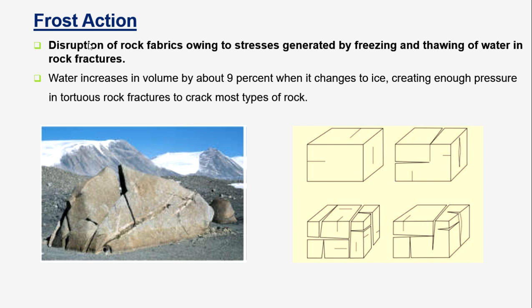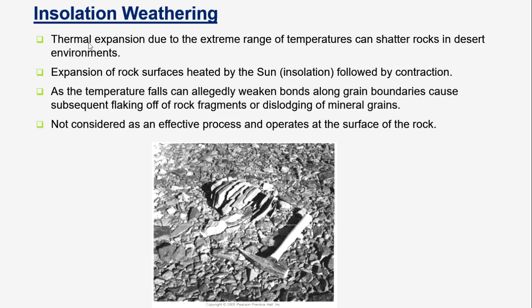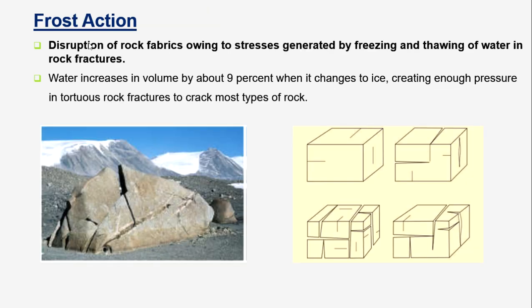The water volume will change by about 9% when it changes into ice, and thus it will create enough pressure that the size of the rock fractures and cracks will increase, and slowly, if this process is carried out again and again, it will result in the disruption of the rock.